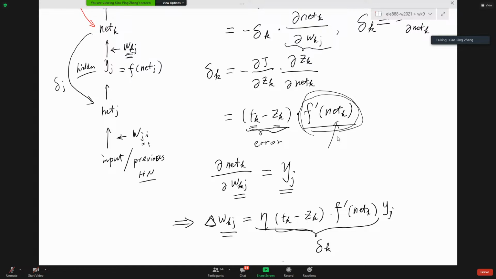Are we sure we know this derivative? And the answer? Do we know that derivative? If we select the proper function.